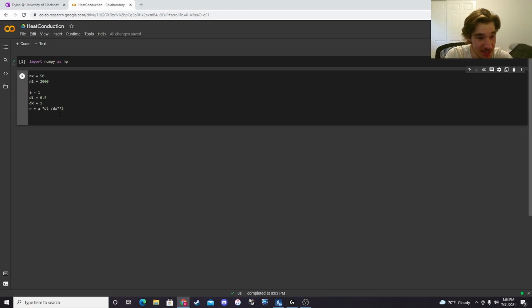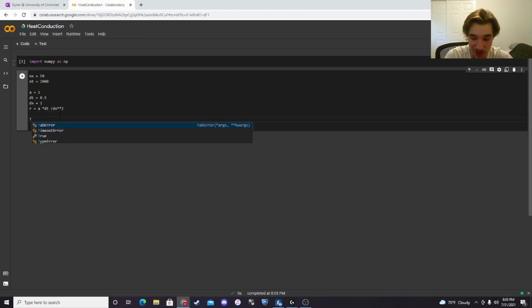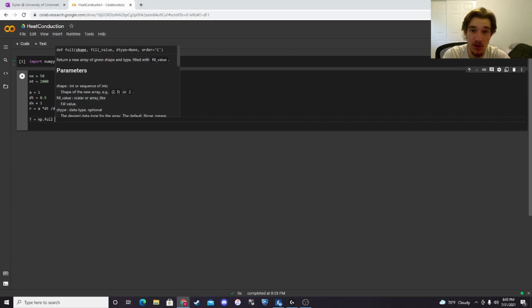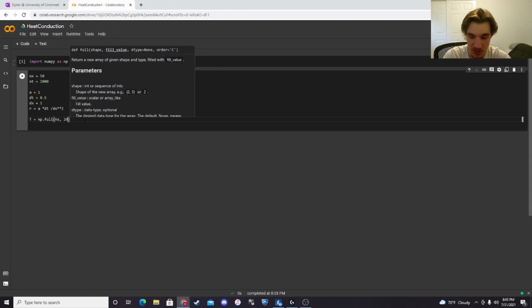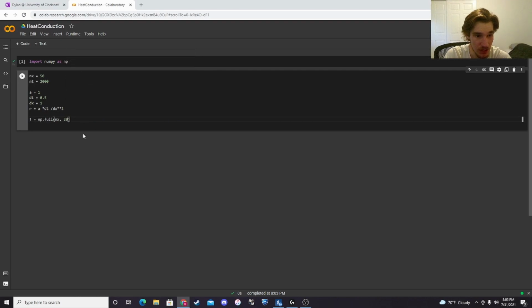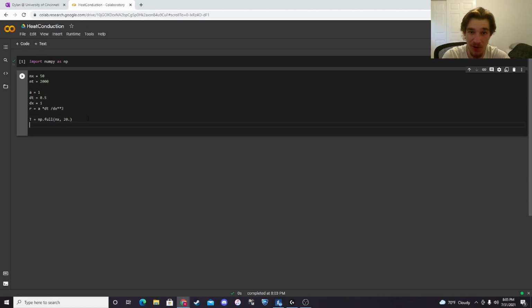So we want T, which is how we're going to be tracking the temperature, to be equal to np, and we want a base value for all of the temperature in the bar, so our shape is going to be nx. The temperature we're going to use as the base is 20 degrees Celsius. Let's make sure that has a decimal on it, so it is able to change as a double or a decimal and not as an integer.